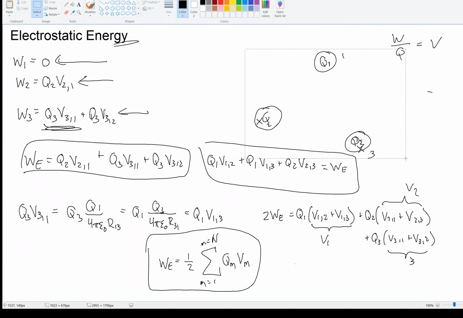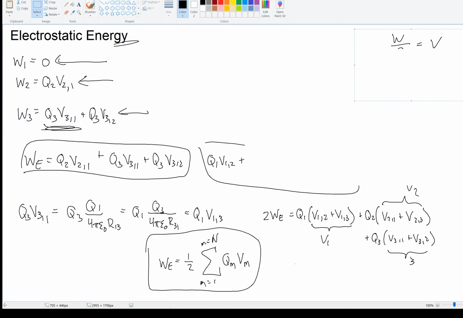Now, as we've talked about a few times now, particularly with Coulomb's law, we're usually not interested in point charges, we're interested in continuous charge distributions. So we can apply a similar argument for continuous charge distributions, and what we see then is this thing. What we would have is 1/2 times the integral.